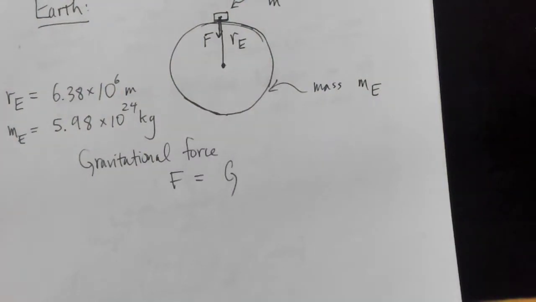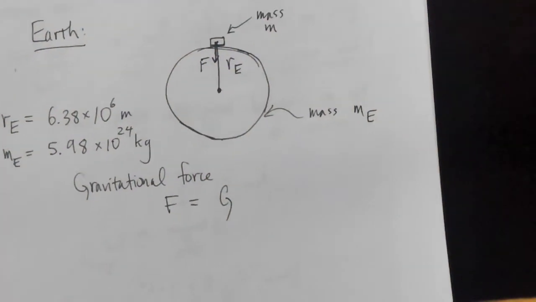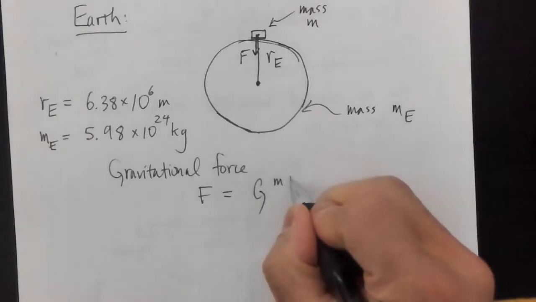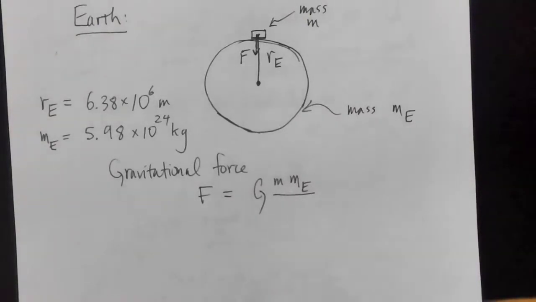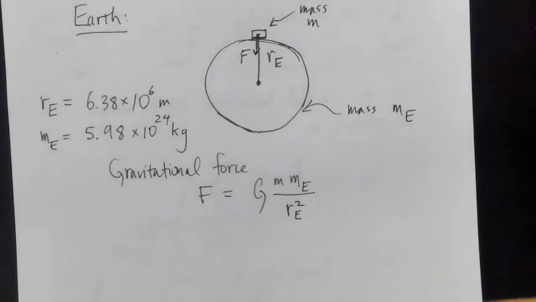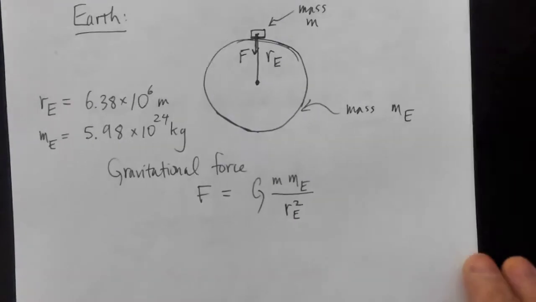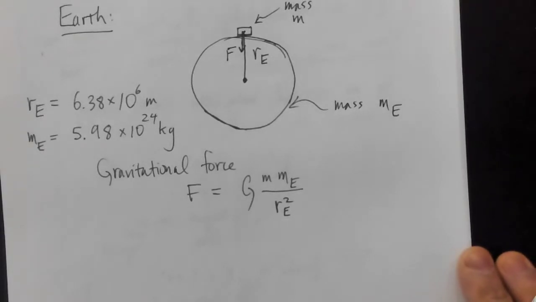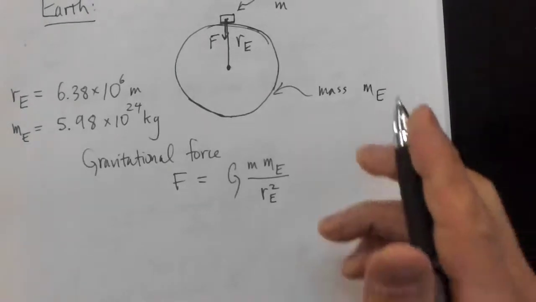So the mass of the object, small m, times the mass of the Earth, divided by the distance between the centers squared, RE squared. Does everybody agree on this?